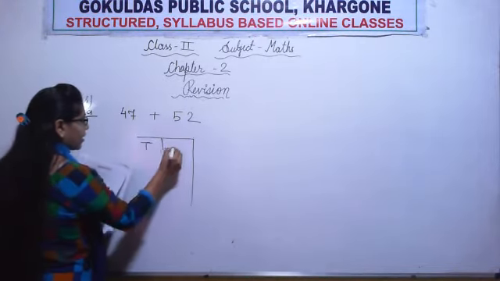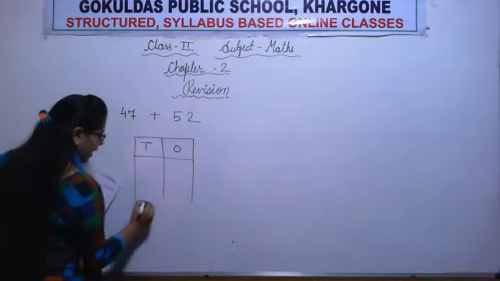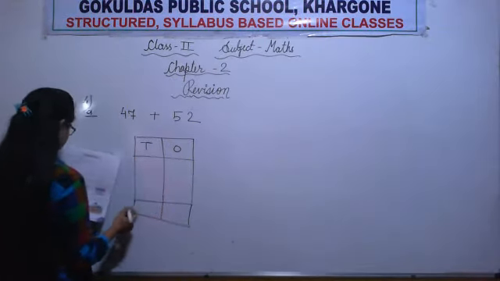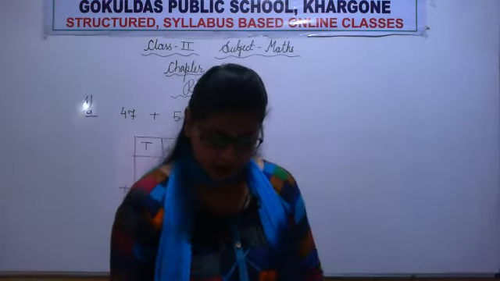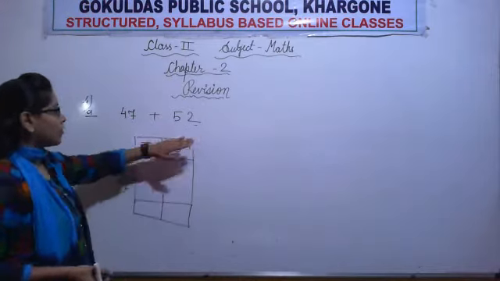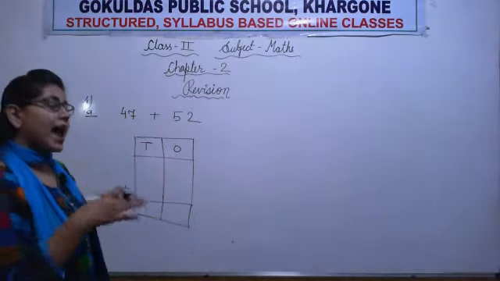Two columns are there, one is tens and one is ones. They are telling us to place the digits correctly. First we have to place them on the correct places, and then we will add them later.